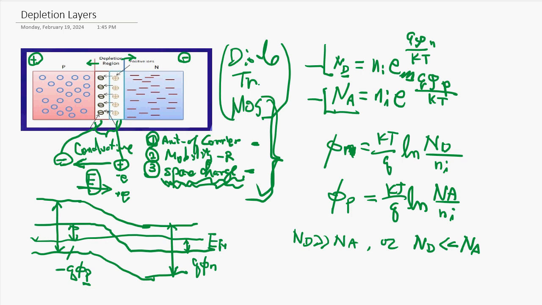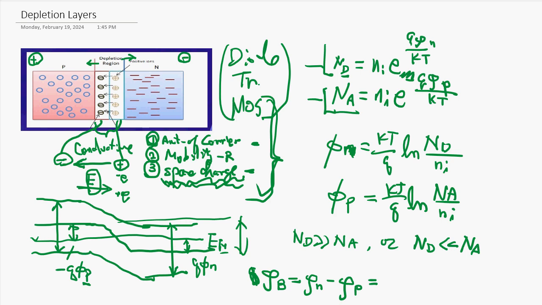So if you look at this voltage difference, this is going to be, say, phi b equals phi n minus phi p, and n is this.